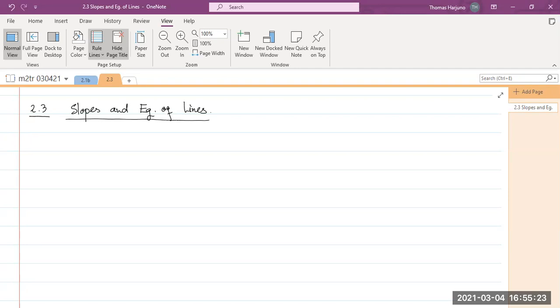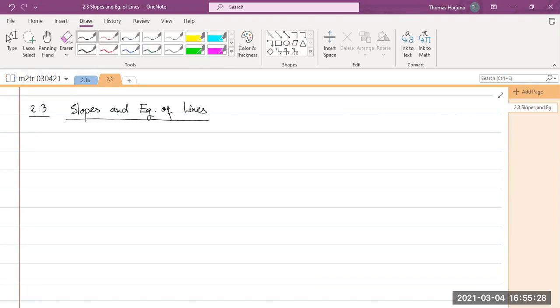We did equation of lines back in the first lesson. In lesson 1, we learned that two points, P and Q, are given. Find the slope, which is y2 minus y1 over x2 minus x1.